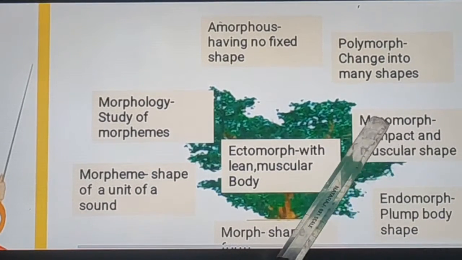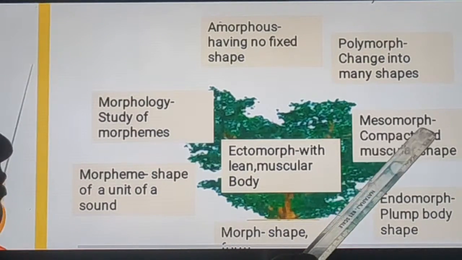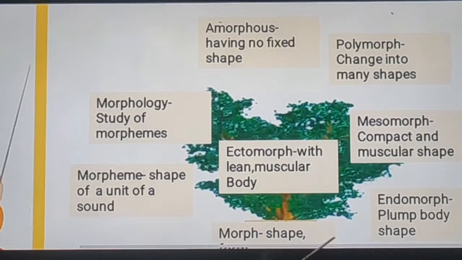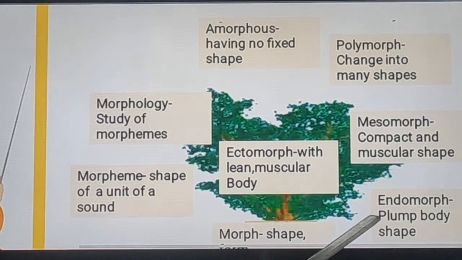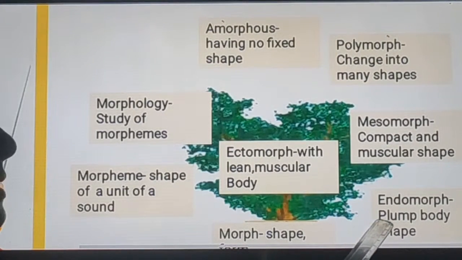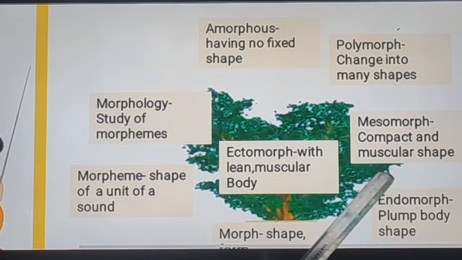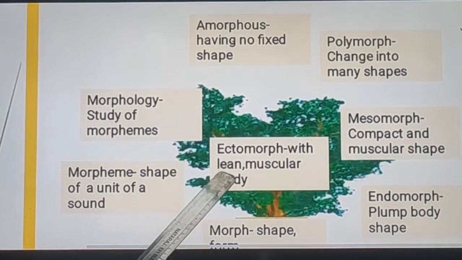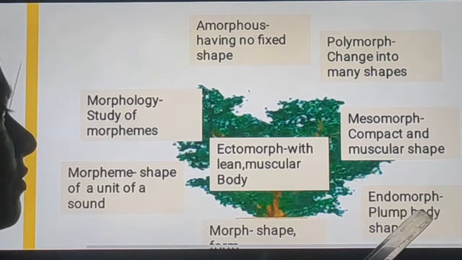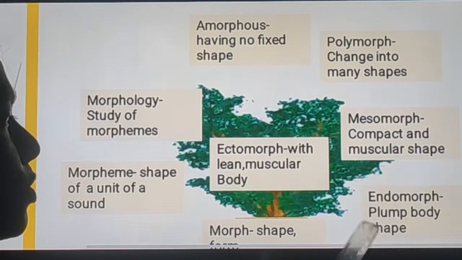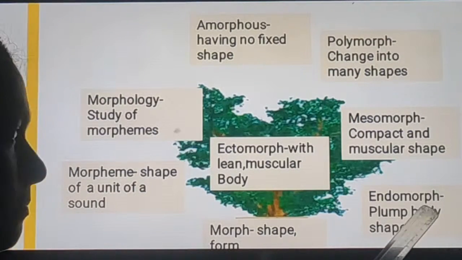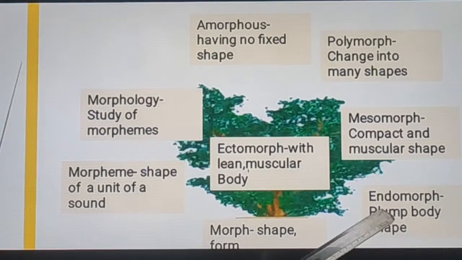Mesomorph means compact and muscular shape. Next one, endomorph. Endomorph means plump body shape. Here lean muscular body and here plump body shape, the opposite, that is called the endomorph.